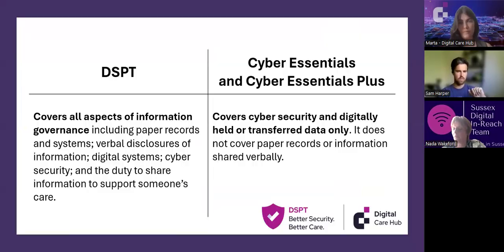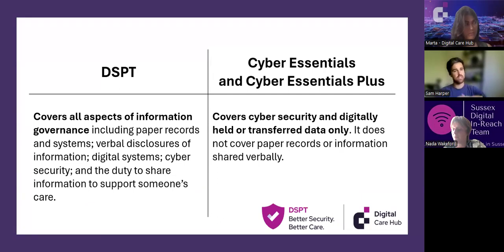The first one on that list is that DSPT covers all aspects of information governance. So it's not just cyber and systems. It includes paper records, verbal disclosures of information, digital systems just like Cyber Essentials, cyber security, and the duty to share information to support someone's care.